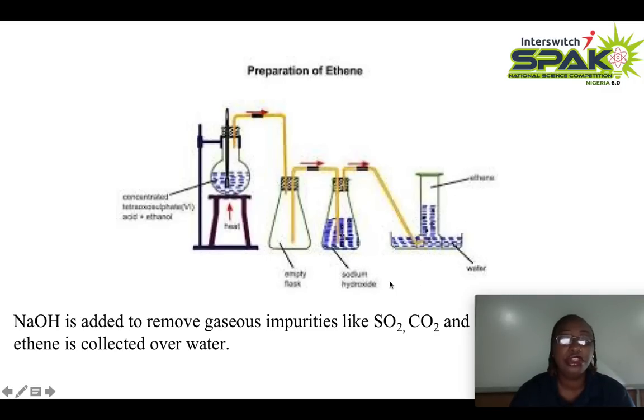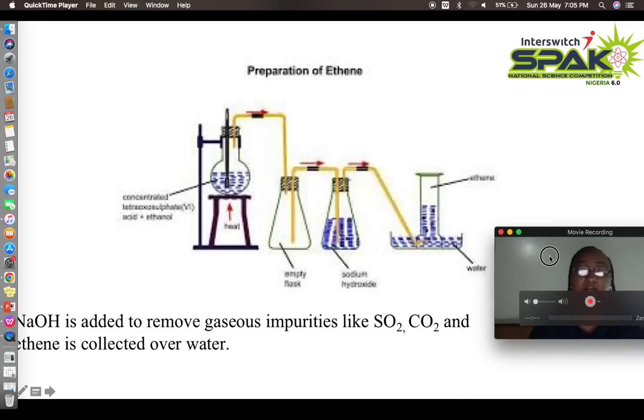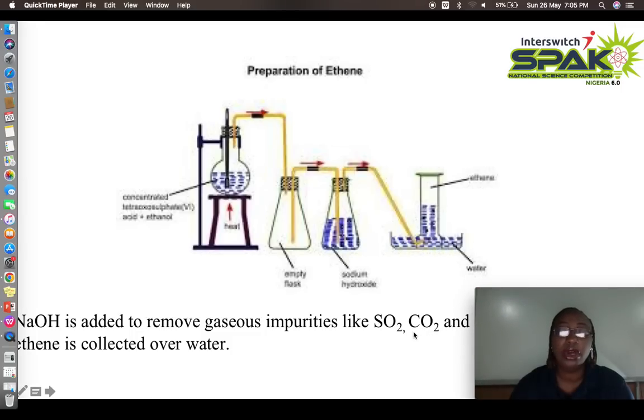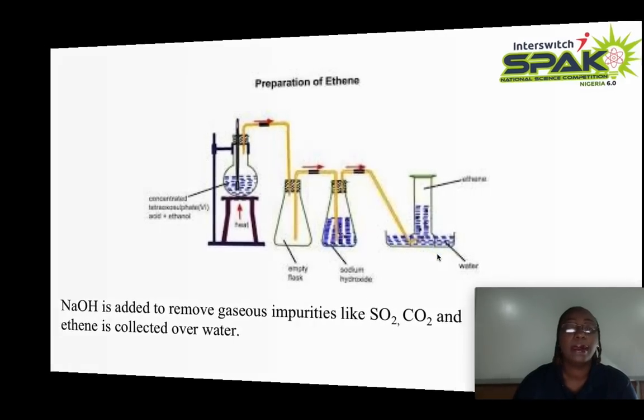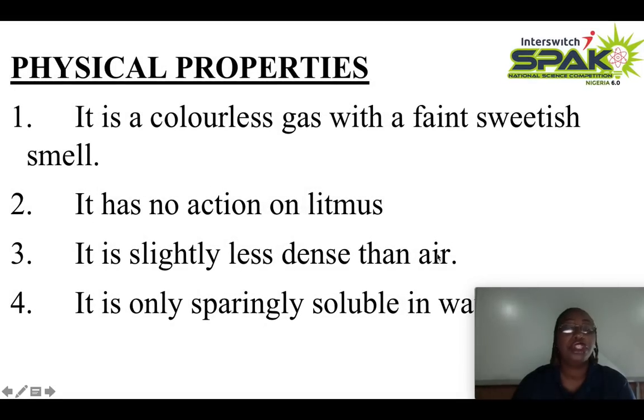Sodium hydroxide is used to remove gaseous impurities such as sulfur 4 oxide and carbon 4 oxide, and ethene is collected over water. Physical properties of ethene: it is a colorless gas with a faint sweet smell, no action on litmus, slightly less dense than air, and only sparingly soluble in water.